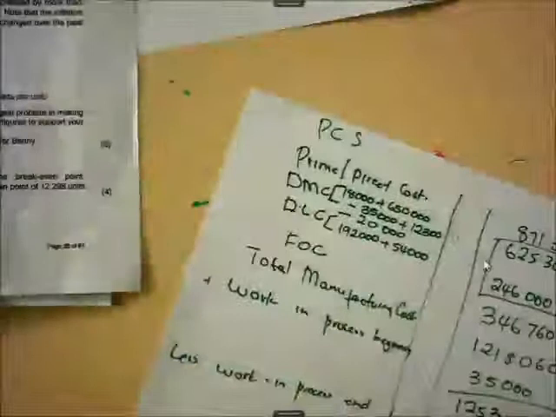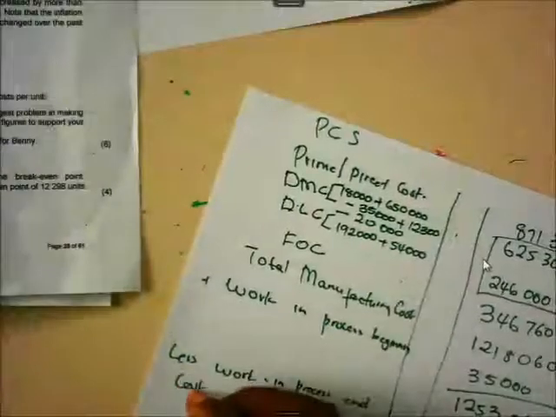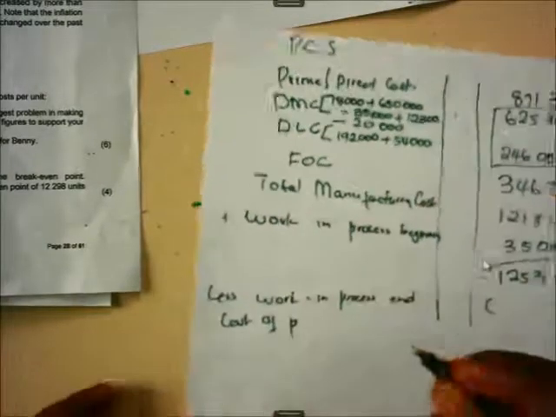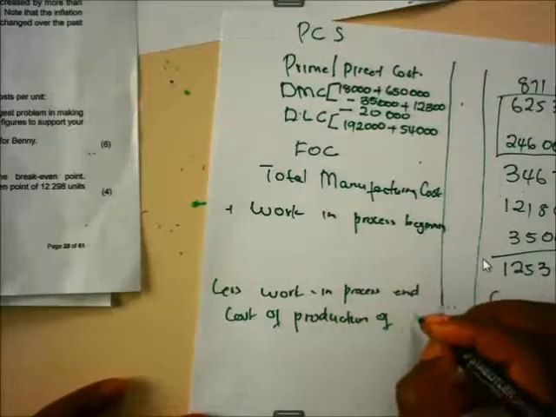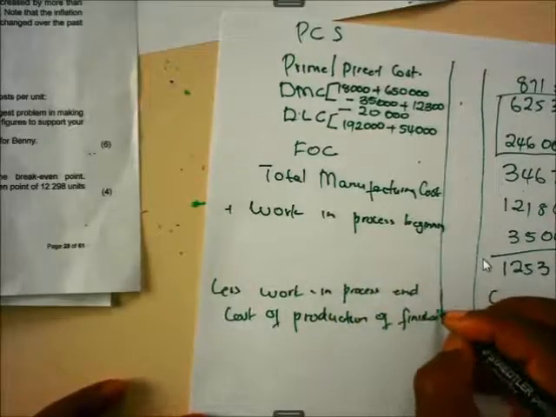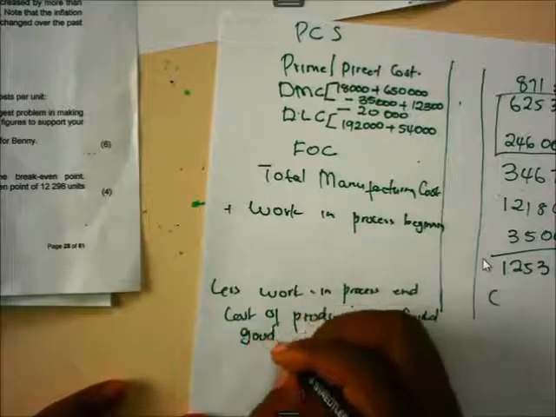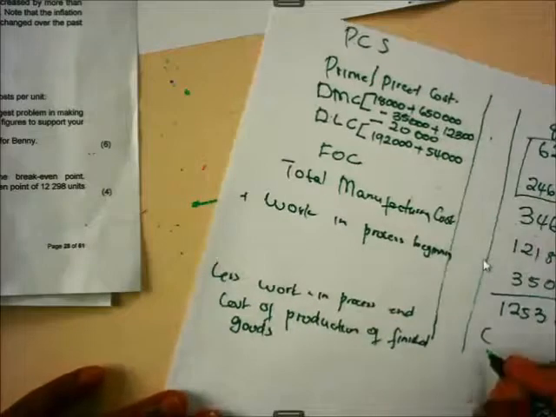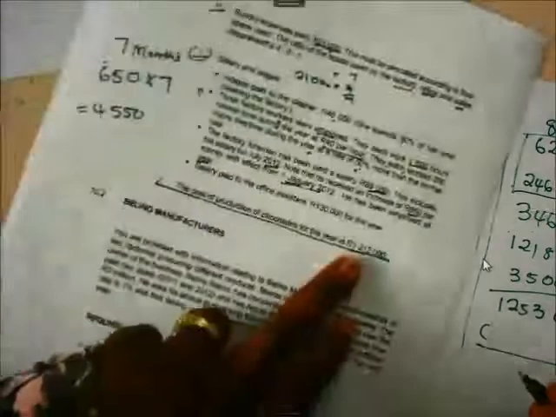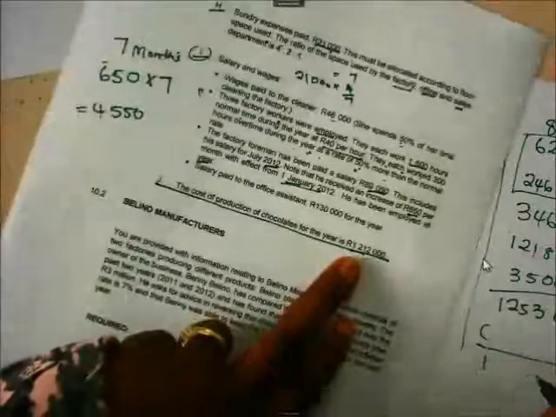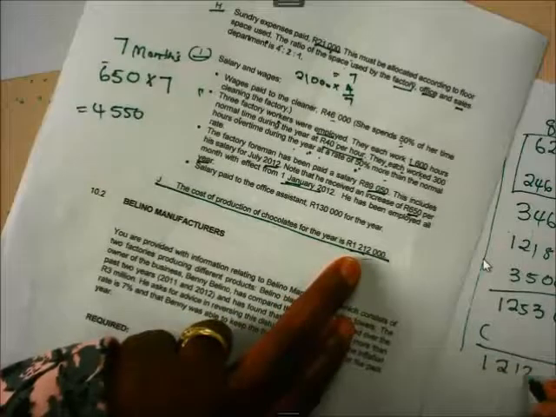Right, now we say the cost of production of finished goods as 1,212,000.